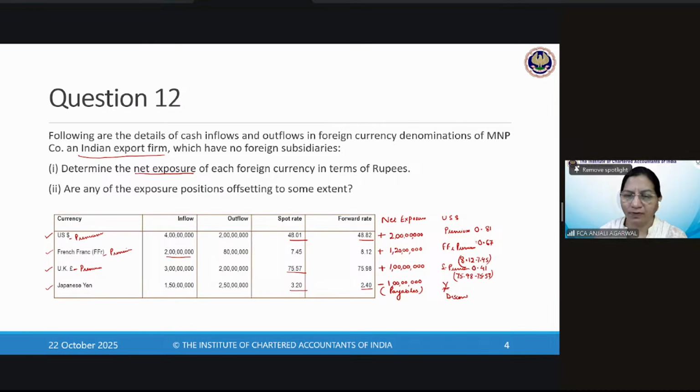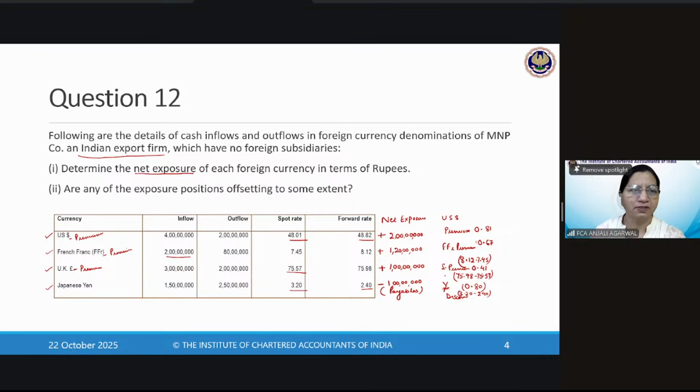So the outflow will be less. And once again, because the currency is in payables and it is at discount, you will again get a benefit of 0.80. 3.20 minus 2.40.